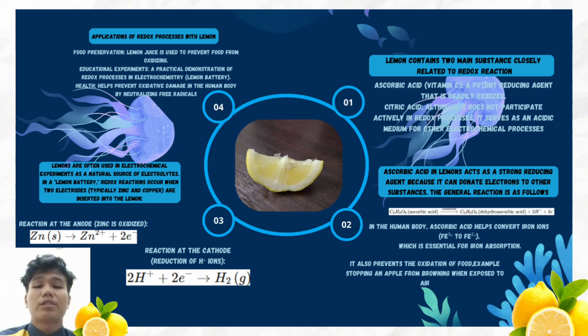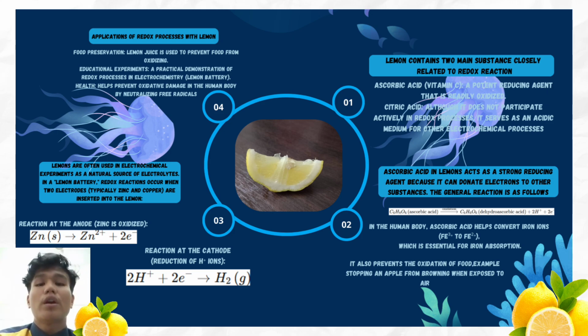Ascorbic acid in lemon acts as a strong reducing agent because it can donate electrons, as follows. In the human body, ascorbic acid helps convert ions from Fe3+ to Fe2+, which is essential for iron absorption.